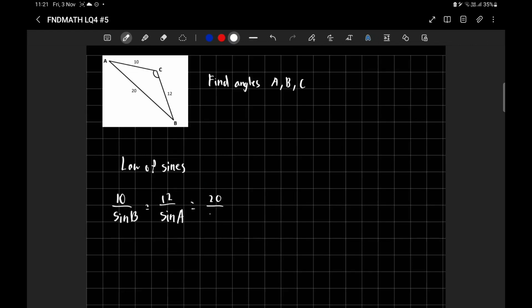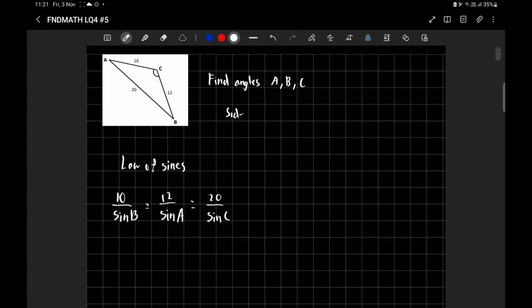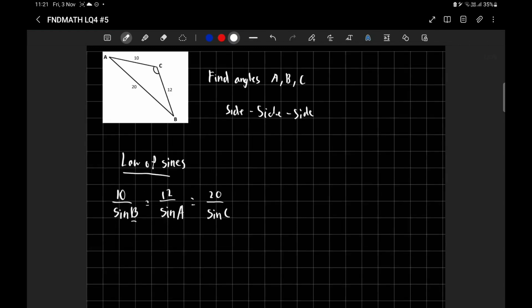It's equal to 20 over sine C. If we try to solve this, we can't, because this is a side-side-side triangle, which is inapplicable for the law of sines, because technically you can't cross multiply or solve for any of the values of B, A, or C.